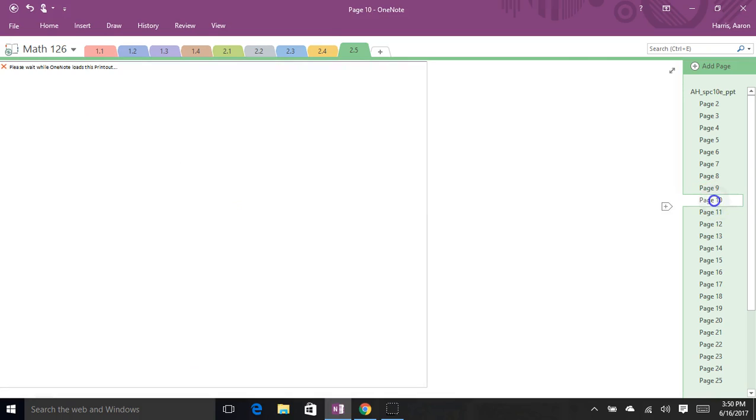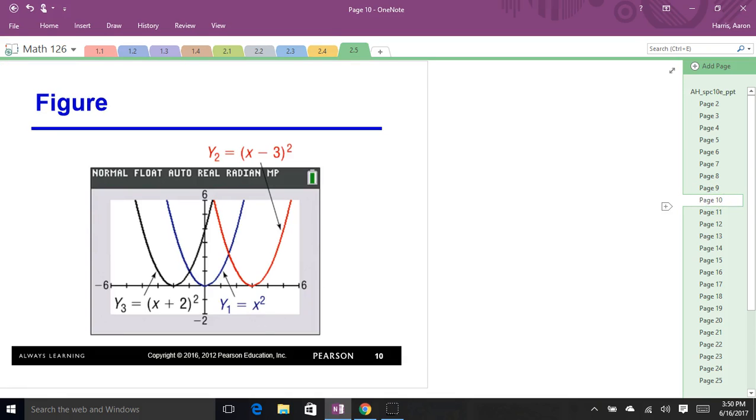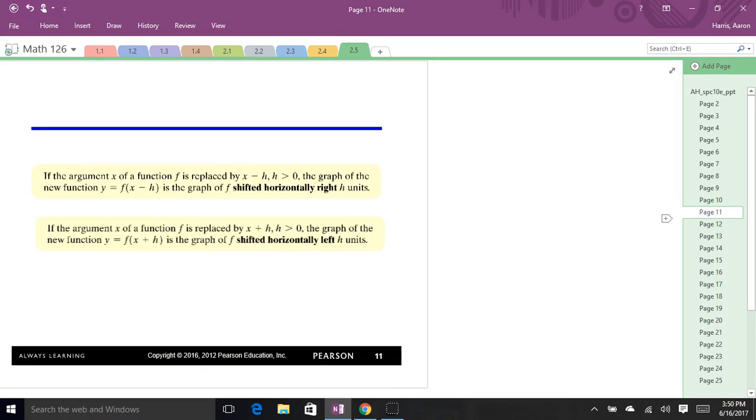Took the original square root function, moved it left 4. So here's another composition. It took the x squared, it moved it right 3. You see it there in red. It shifted the original function right 3, whereas this one moved it left 2. There's your left 2. It's the quadratic.